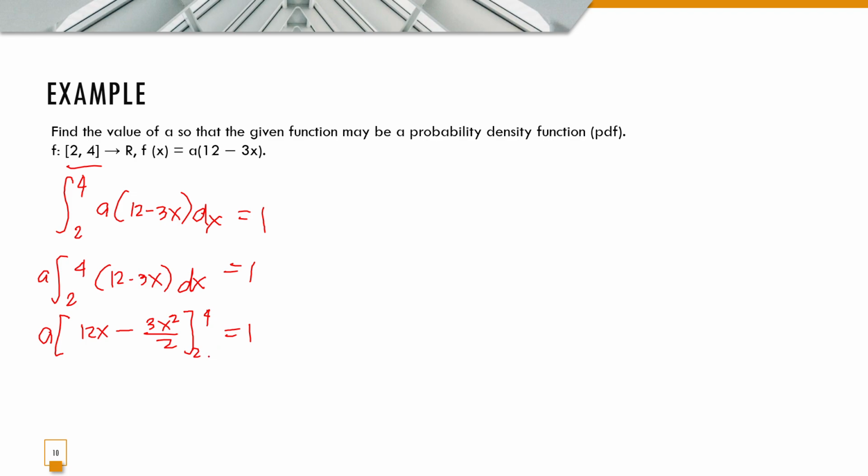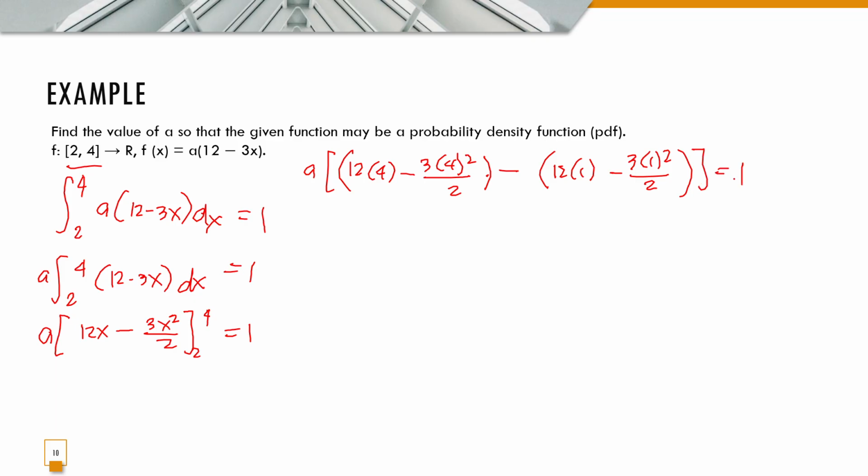Then we substitute the values. We have 12 times 4 minus 3 times 4 squared over 2, then minus 12 times 2 minus 3 times 2 squared over 2.